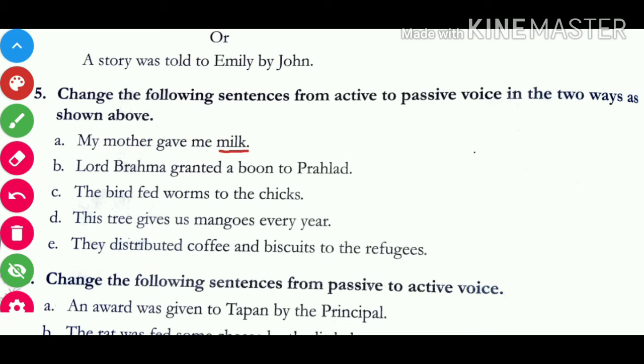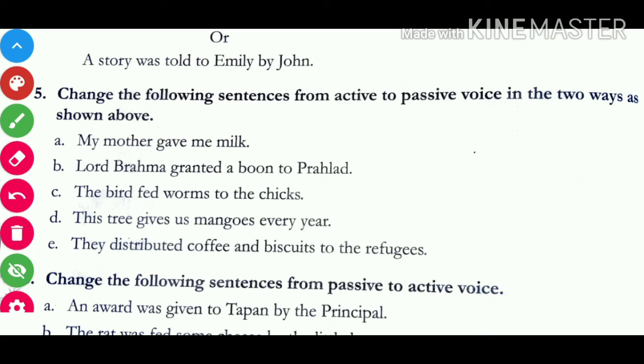Milk was given to me by my mother. एक ये सेंटेंस बनेगा. नेक्स्ट सेंटेंस क्या बनेगा? मी यहाँ पे I में चेंज हो जाएगा, तो I was given milk by my mother. ओके, ये दो फॉर्म्स में चेंजेस हो सकते हैं.